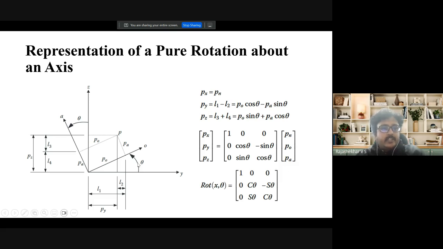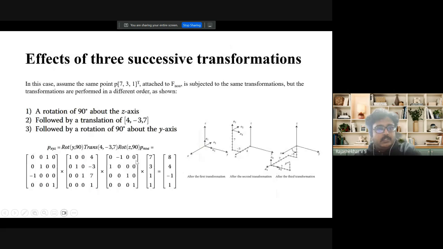This is a little difficult to catch in the first go, how this subtraction and things happen. I'll also share these slides with you. You can take a screenshot of it and you can do it in the later stages after the workshop. Okay, so similarly you can do it for rotation about y and rotation about z, so that you can get the rotation matrices. So that is what I want to say.